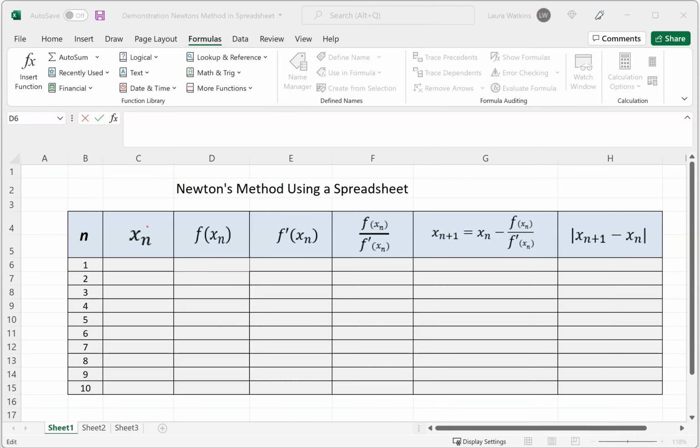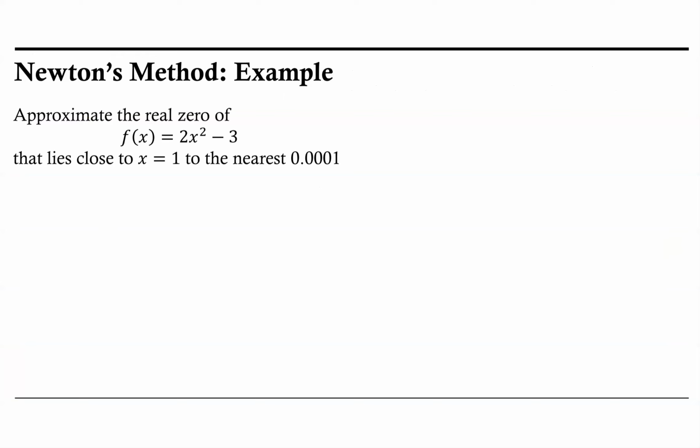So let's go back to our original problem and find its derivative and get ready to implement Newton's method using this spreadsheet. In this particular instance, we're looking for the real zeros of f of x equals 2x squared minus 3 that lie close to x equals 1.